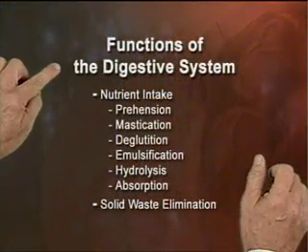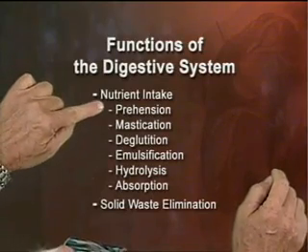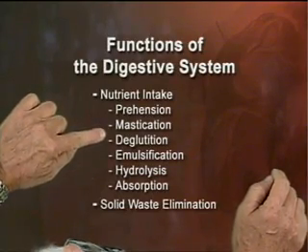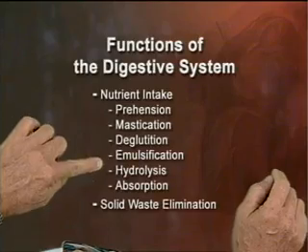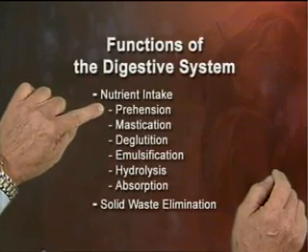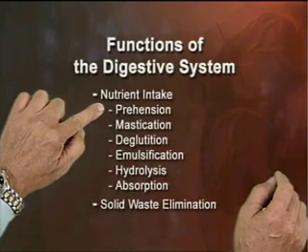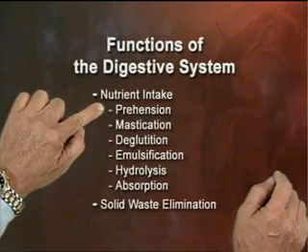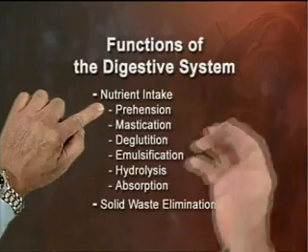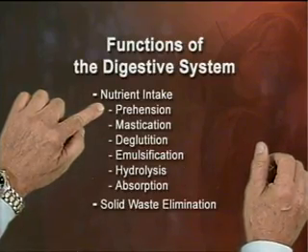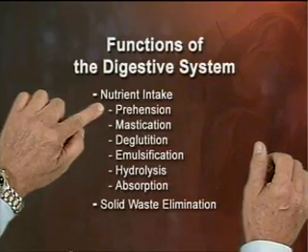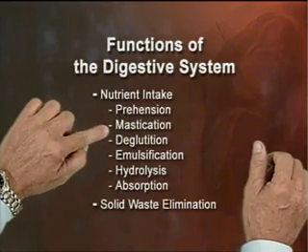Nutrient intake and solid waste elimination. Now, nutrient intake includes all of these processes that we've separately listed here. Let's just go through those one at a time. Prehension is simply getting nutrients into the body. That would include stuffing them in with your hands or with your utensils. We include the drinking process.